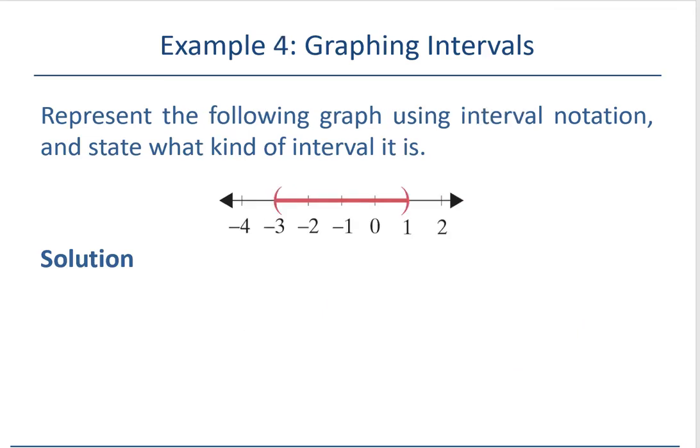Let's continue on. Represent the following graph using interval notation and state what kind of interval it is. Well, we have the graph of -3 to -1. Looking at this, notice I have parentheses, which means, as I've tried to tell you in classes, the graph tells you how your interval should look.